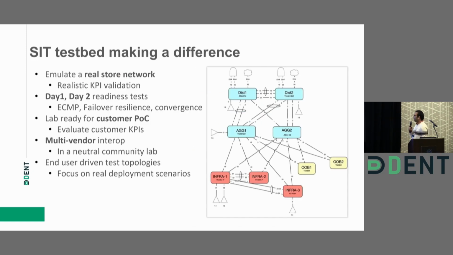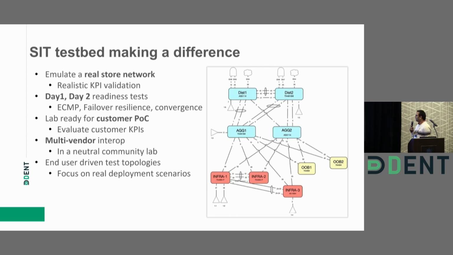So to put all of this together, we built the SIT lab in Keysight. This is from contributions from all the members, and this includes distributed switches, aggregator switches, and infrastructure switches in the Keysight lab.